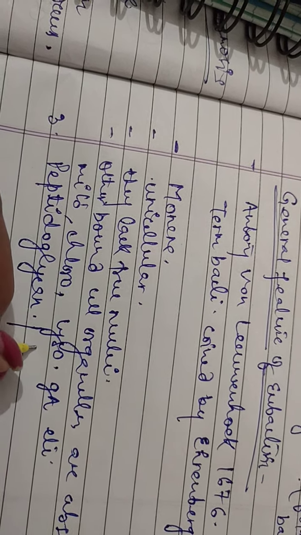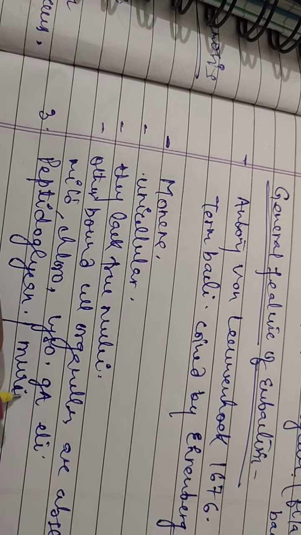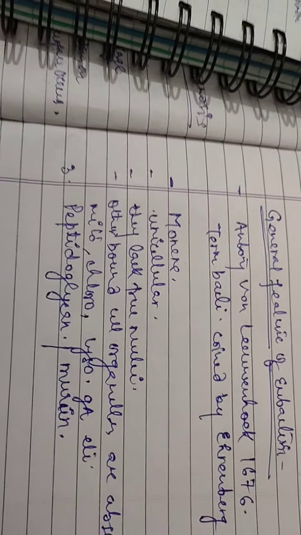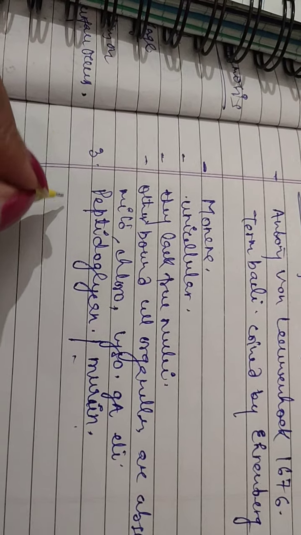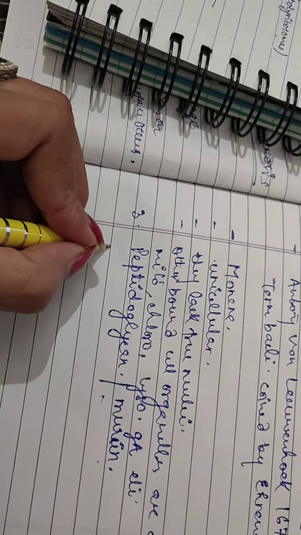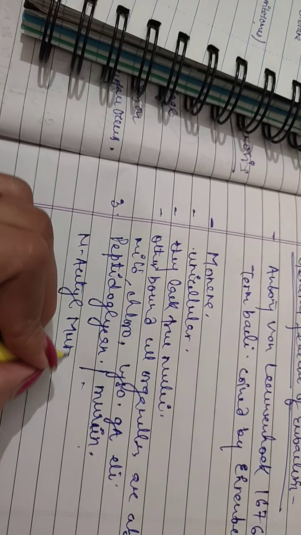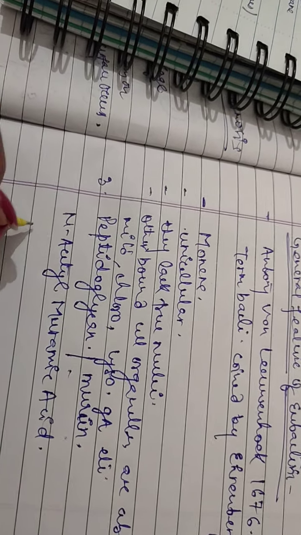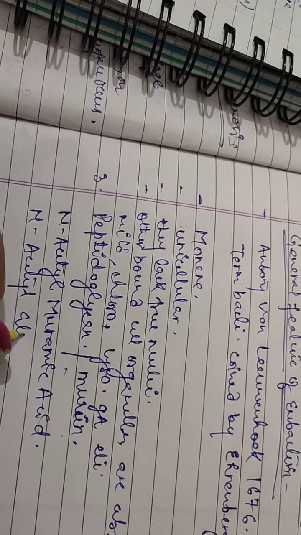This is also called murein. So the cell wall is made up of peptidoglycan, which is also known as murein, and it is the polymeric unit of N-acetyl muramic acid and N-acetyl glutamic acid.